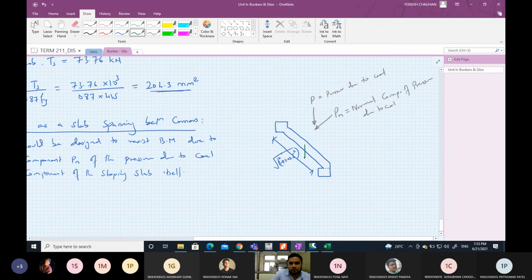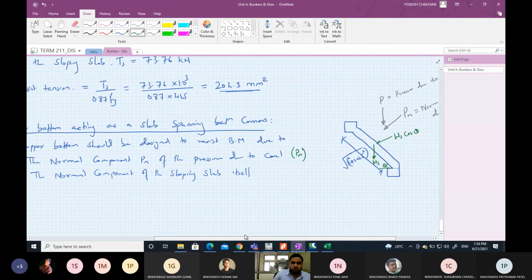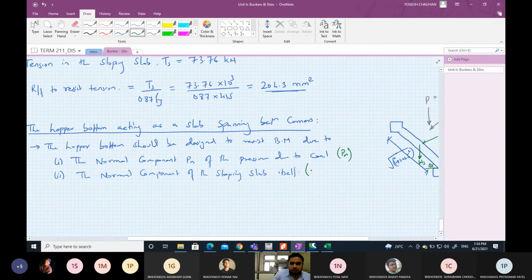If Ws is the self weight of the slab, then this will be Ws cos theta, where theta is the inclination of the slab. So this is to be designed for Pn, the normal component of the pressure due to pull, and second, it should be designed for Ws cos theta.